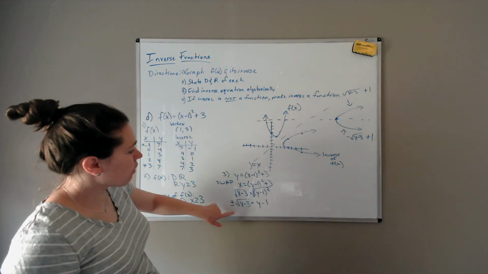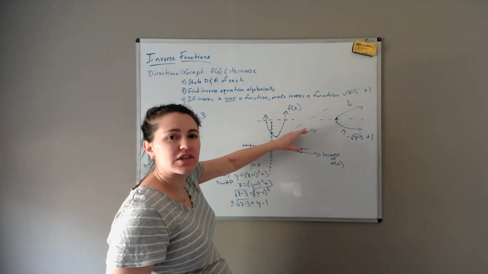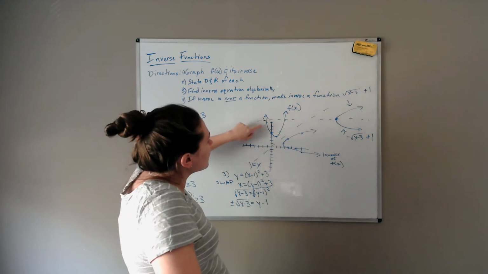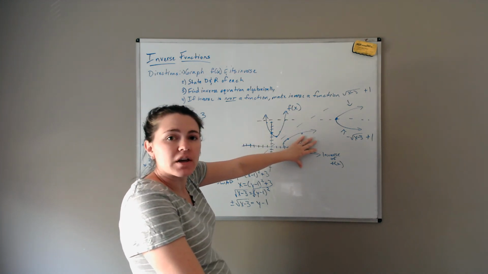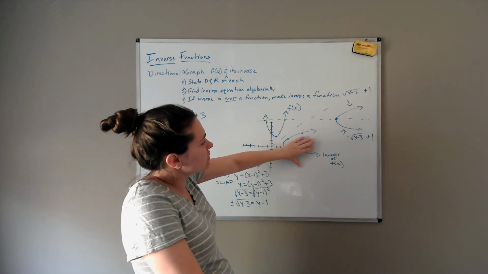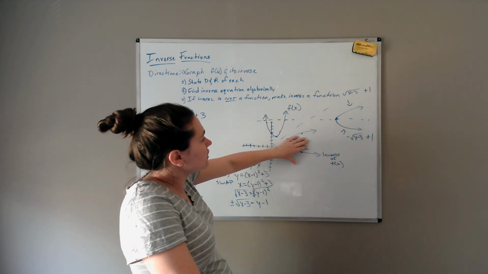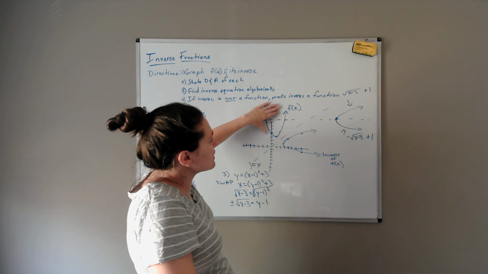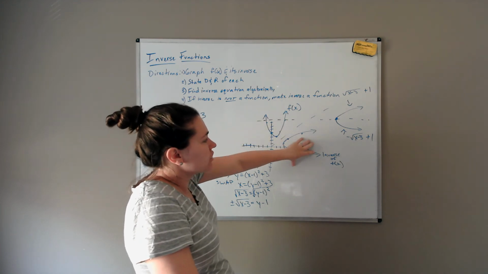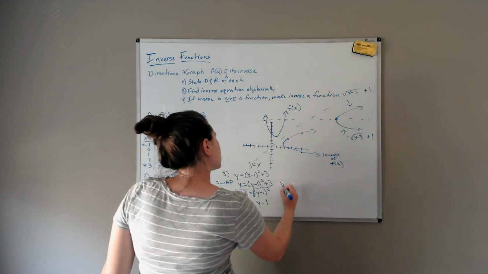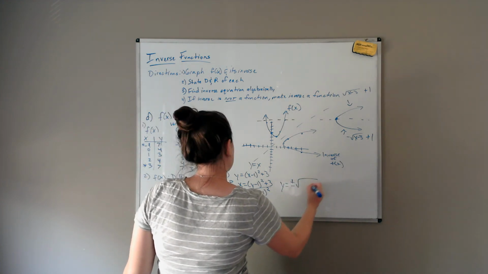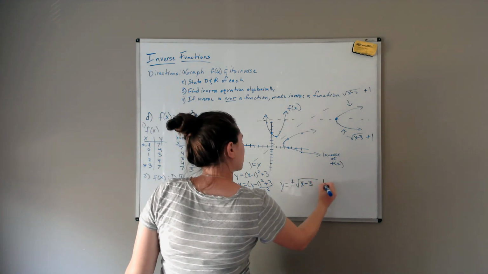When you have both of them, that's what gives you the sideways u. So the inverse of a quadratic is a square root, but it's actually the plus or minus of the square root, and if you don't do anything to f of x, notice the inverse is not a function. So now we add 1 to both sides and we get y equals plus or minus the square root of x minus 3, plus 1.